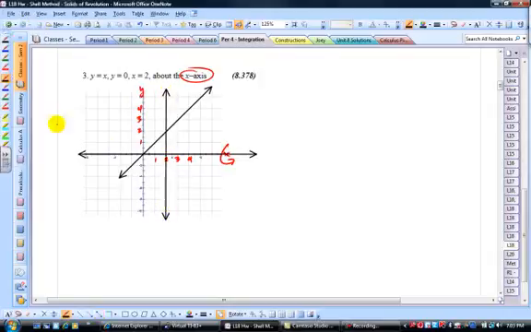Okay, so let's label these functions here. This is y equals 0, x equals 2, and y equals x. The bounded region is right here, this triangle in yellow. And we're going to revolve around the x-axis here. So let's reflect it over the x-axis just so you can see it.